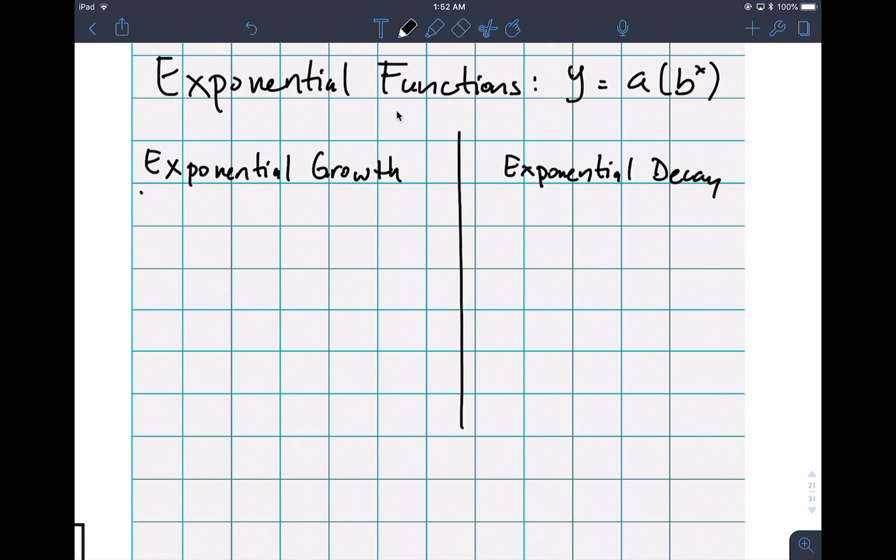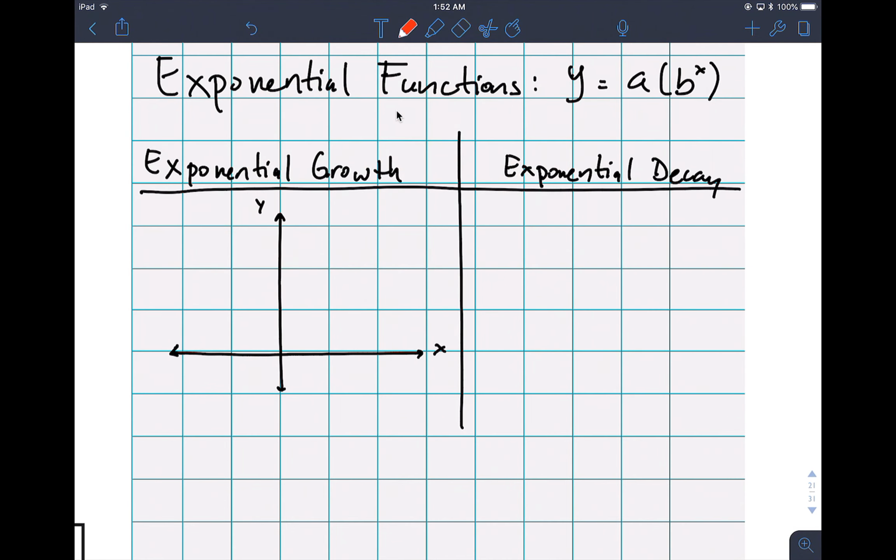So exponential growth, and if you had a chance to look at some graphs, they normally look something like this. Here's my axis. So for exponential growth, they tend to look in this form.